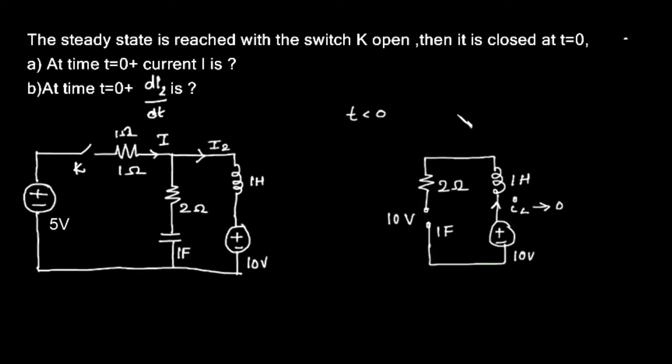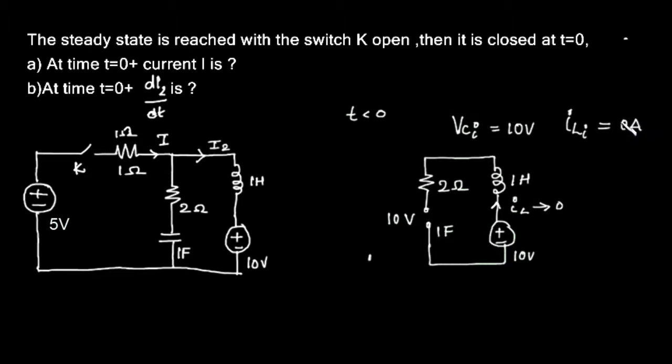So we can consider the initial conditions. The capacitor voltage initially, we can denote it as VCi, is 10 volts. And what is the initial current? We can denote it as IL initial, that is 0 amperes.